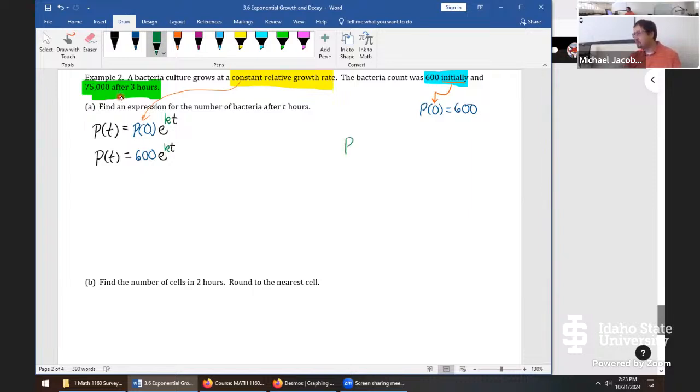Population size at time 3 hours, so p at 3, is 750. So that's the next information we got from the last part of the information. And somehow, some way, that statement there will get us the value of k.